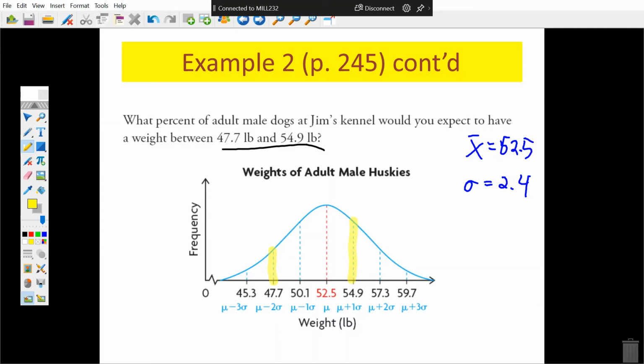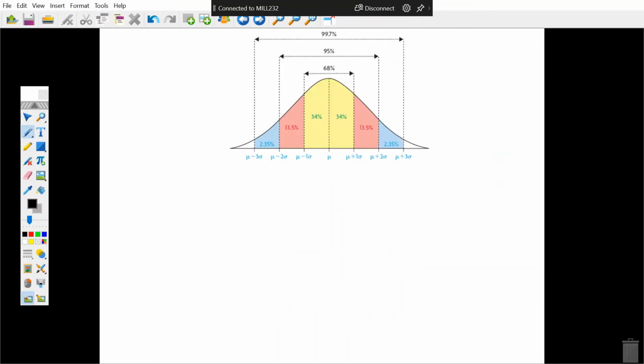So we need the values. What percentage of dogs lie within here? From 47.7 to 54.9. Well, to find those values, we go back to our little table here.